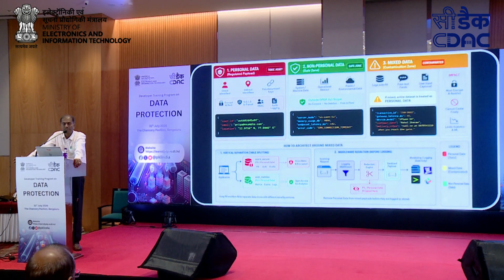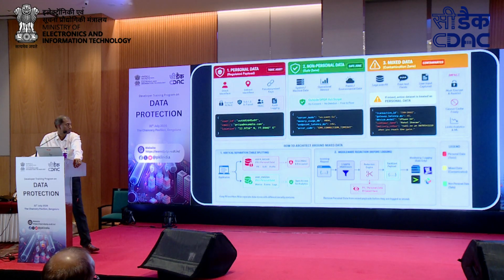It is better to store gmail.com also, because for analytic purposes you may require it. But that does not reveal what Balaji's email ID is. So you only mask off that particular part, *** at gmail.com. That is one way of implementing redaction.